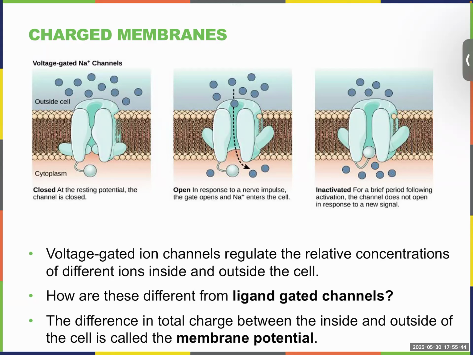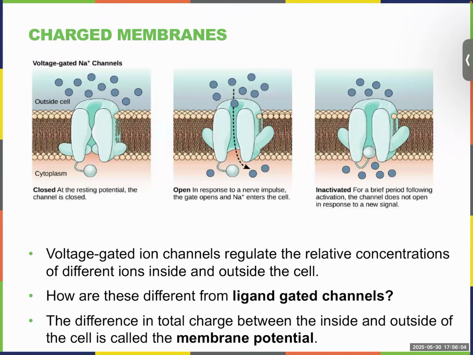And this may be when sodium enters the cell. So if sodium enters the cell, that changes the gradient there. So I should go back. So voltage-gated sodium channels are activated when there's a nerve impulse. So they're going to be open when there's a nerve impulse.